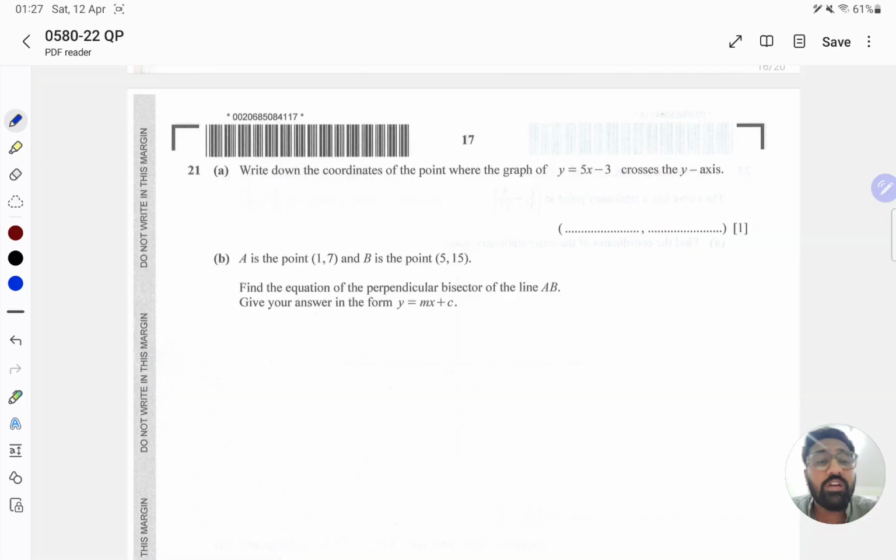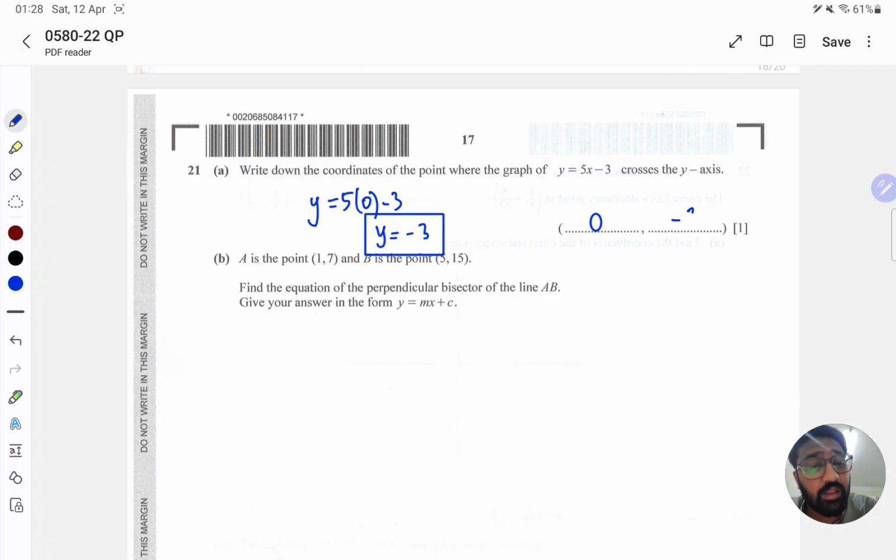So if the graph crosses the y-axis, I'm sure you must know that the value of x at that particular place is 0. So just substitute that 0 in place of x, and you will be able to find the value of y. So the coordinates at that particular point of the y-axis are 0 and minus 3.